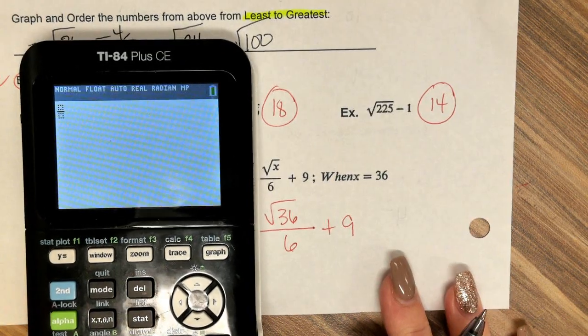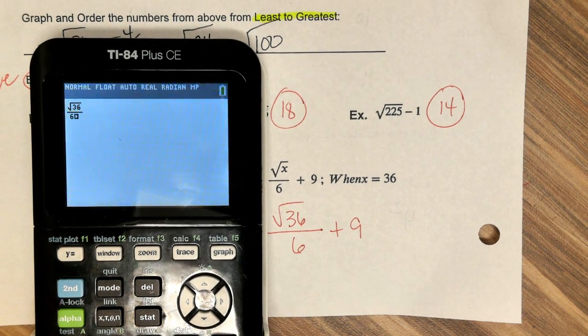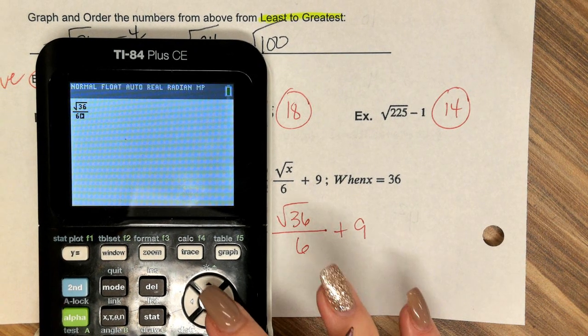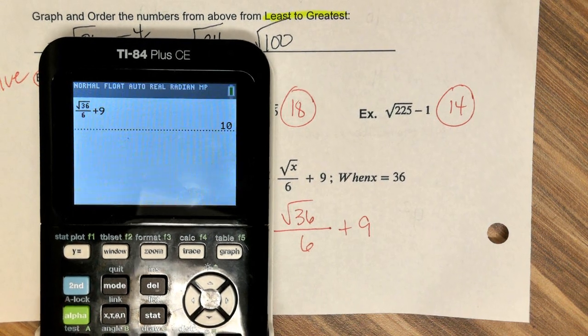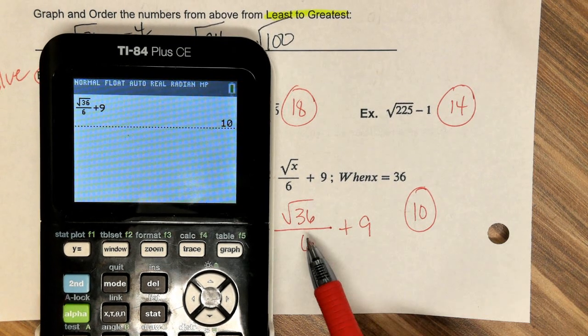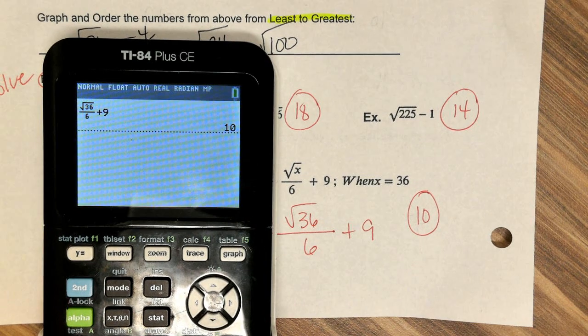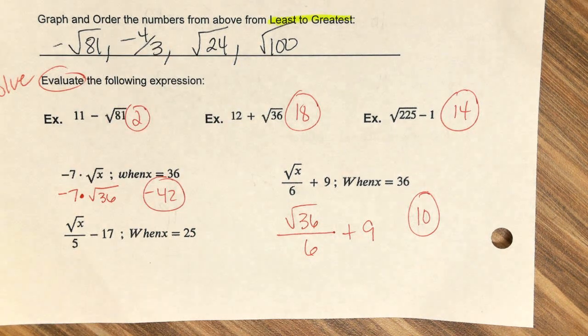On top, you would put in the square root button with the 36 over 6, and then arrow out plus 9, and it will give you that answer. Sometimes those square roots are not perfect, and you're going to need the calculator for it. Okay? All right, try this one on your own.